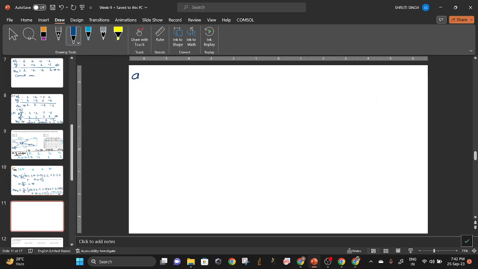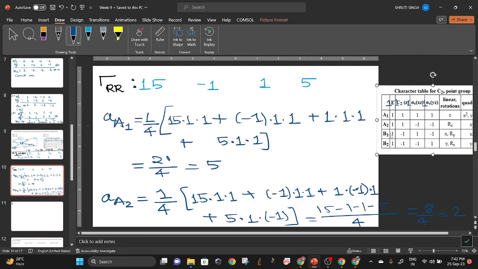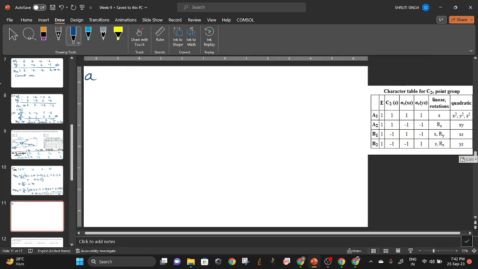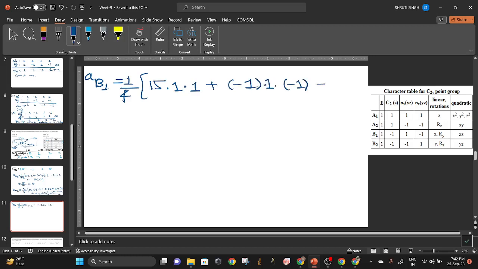Next I'm just writing it off. A for B1. This comes to be 12 by 4, which is 3.